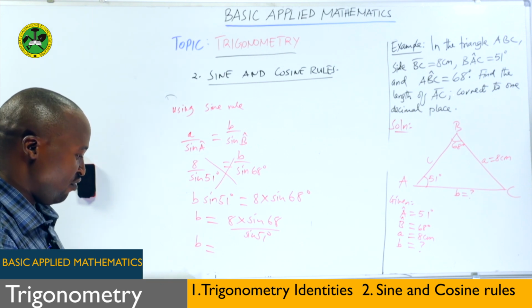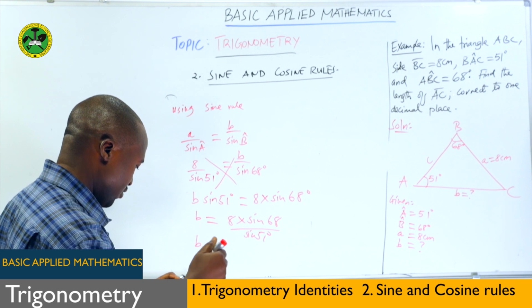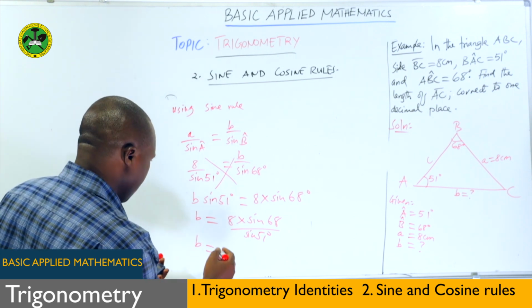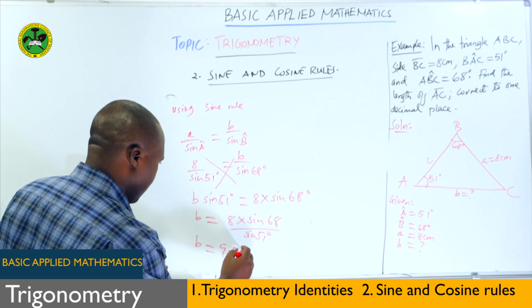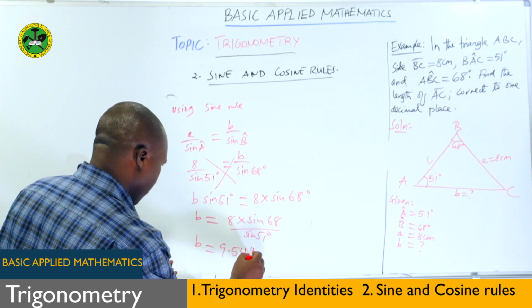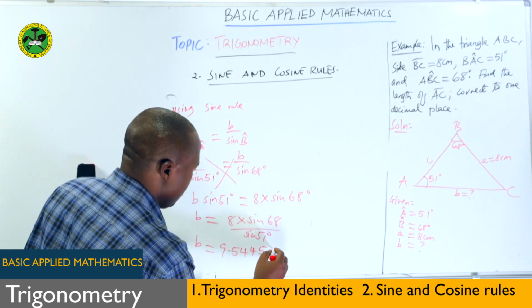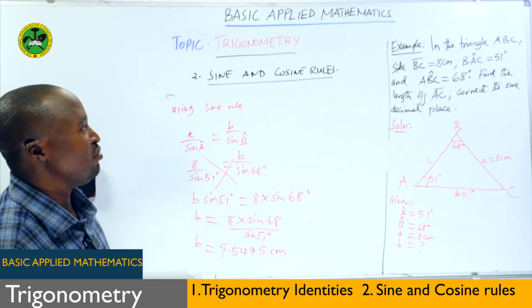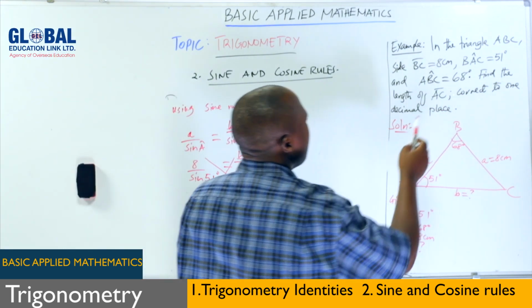So we are going to have the length B is equal to 9.445 centimeters. But they said correct to 1 decimal place.